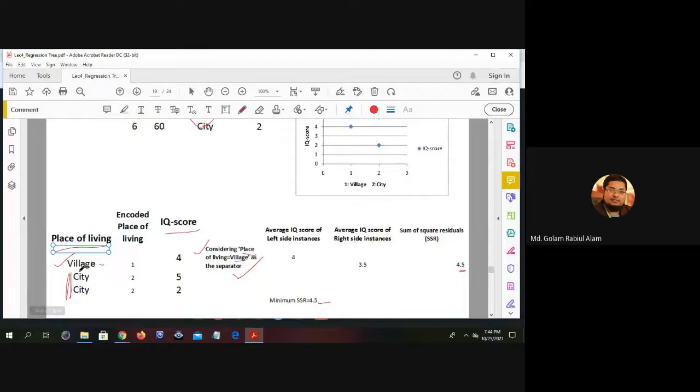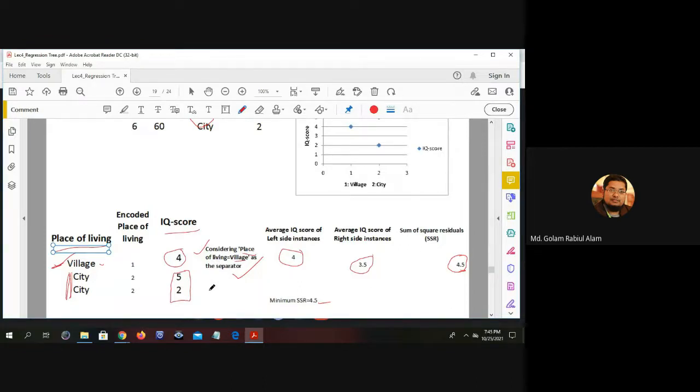The IQ score for the case of the village will be the left side, and for the right side, the average IQ score will be 5 plus 2 divided by 2, 7 divided by 2, which is 3.5. If we determine the sum of square residuals, you will get 4.5.